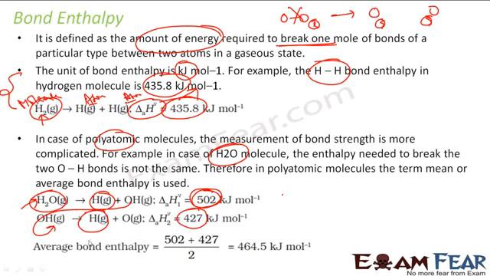So in that case we talk about the average bond enthalpy. Because in a polyatomic molecule, things are a little different. To take out the first hydrogen takes more energy, and to take out the second takes less energy. So we take the average of these and use it.